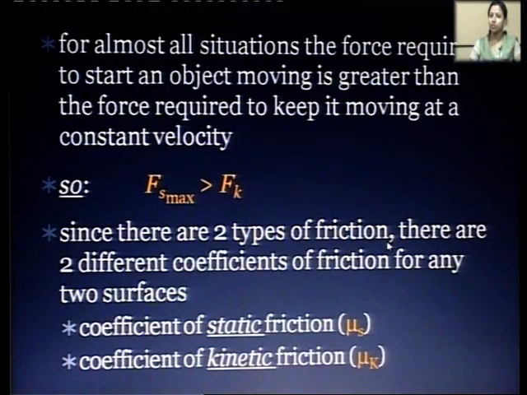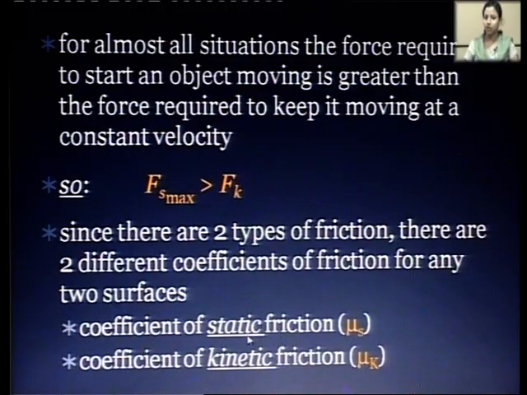There are two types of friction. We know static friction and kinetic friction. So corresponding to these two types, we have two coefficients. First one is called coefficient of static friction, mu s, and second one is coefficient of kinetic friction, mu k.